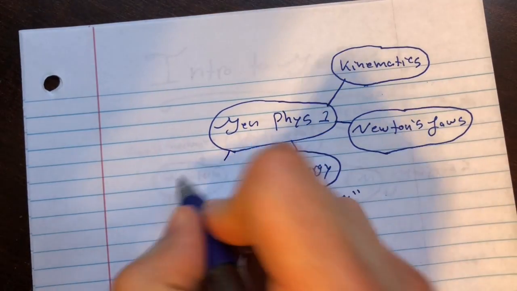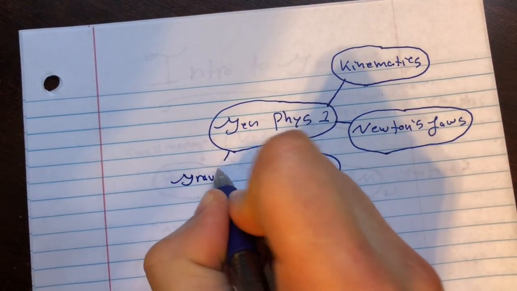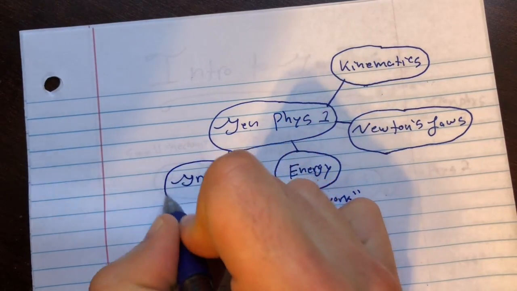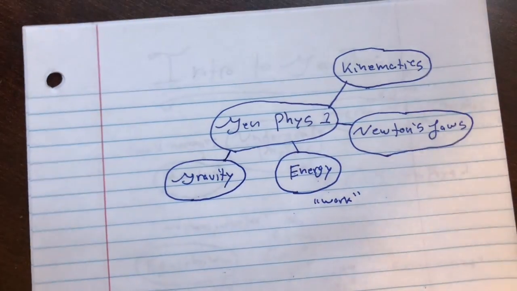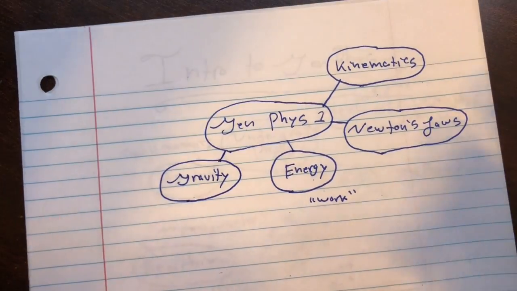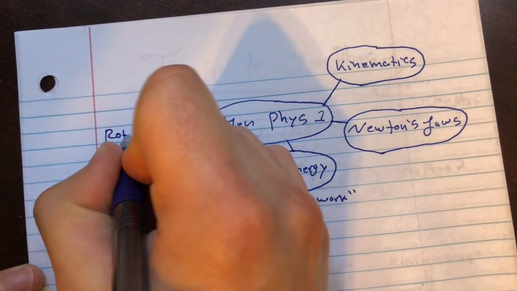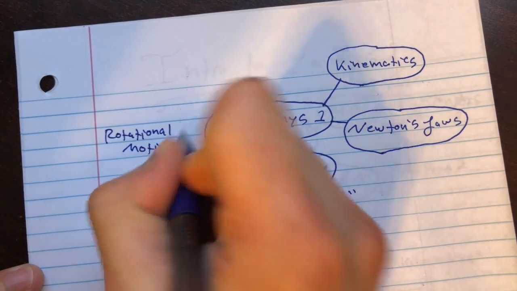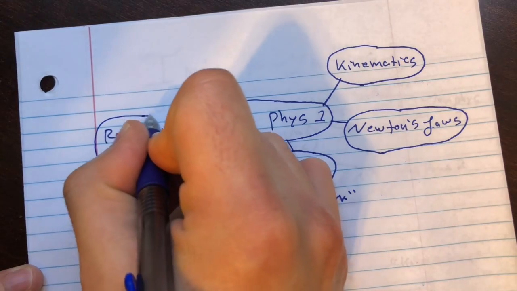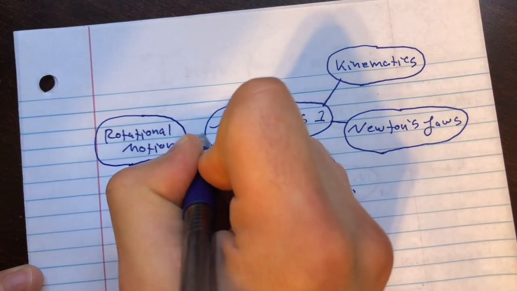And then after that, you're going to get into the study of gravity. So two planets, a planet and the sun, all that fun stuff. After that, you're going to get into rotational motion, so things that are spinning. You're going to get into torque.